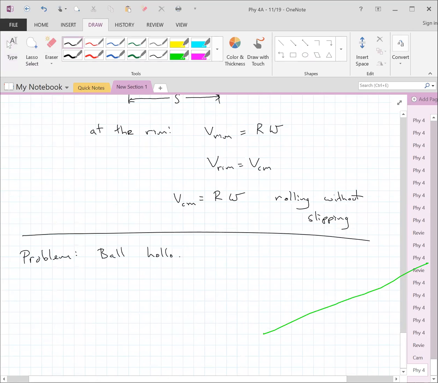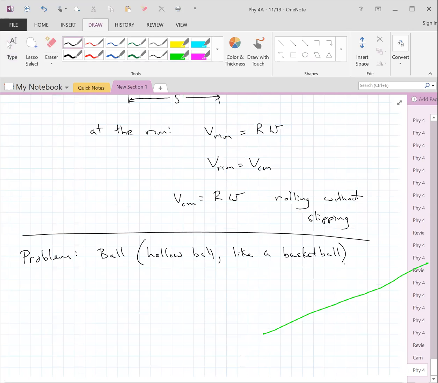Let's make it a hollow ball, like a basketball. Something that's filled up with air on the inside, a hollow spherical ball. And given it rolls without slipping.